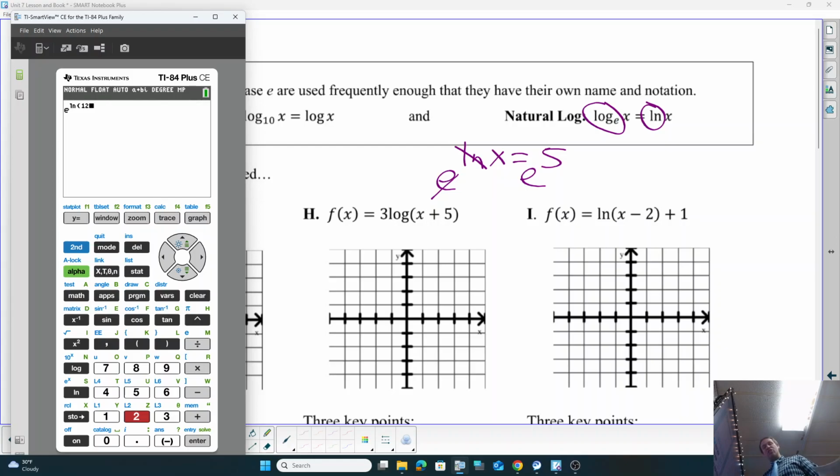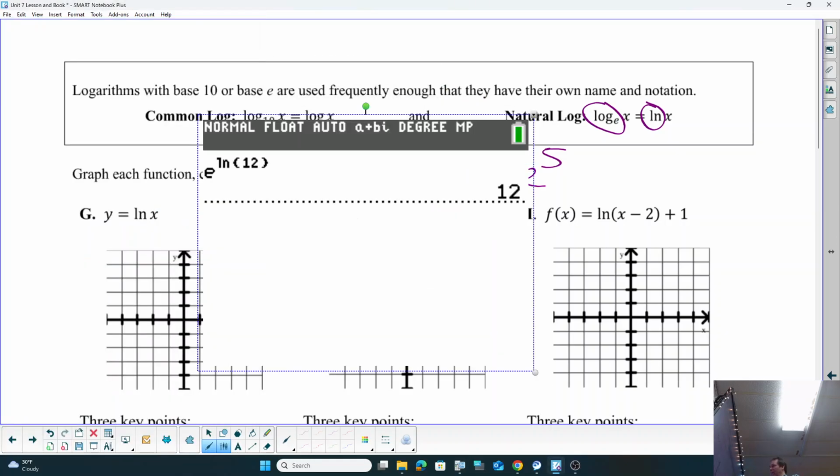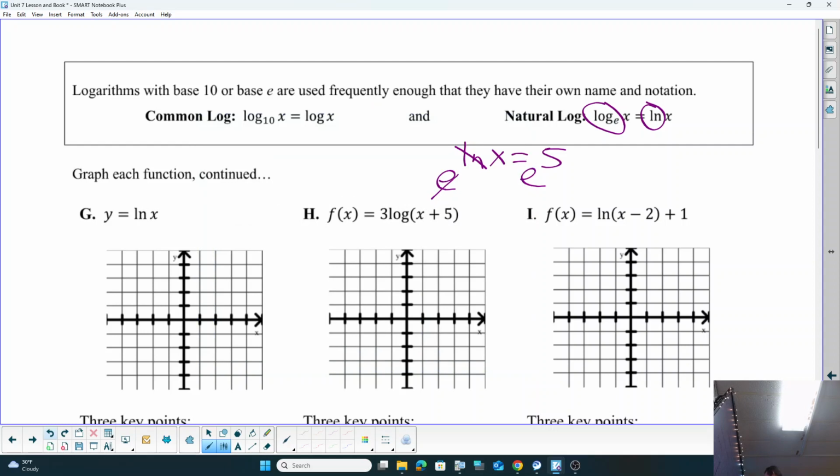The whole point is to show you that e undoes ln. Those cancel out, and you're left with a 12. So e undoes ln.